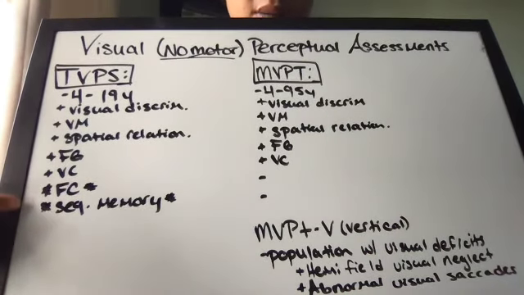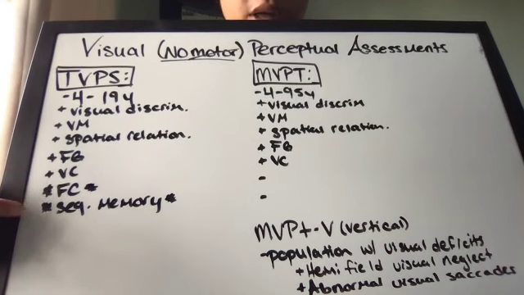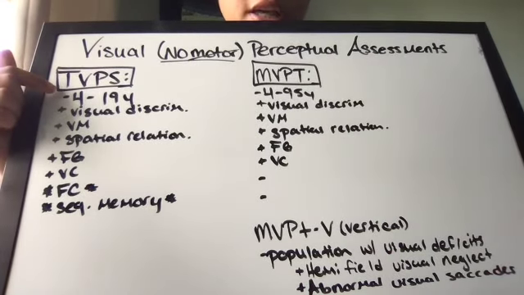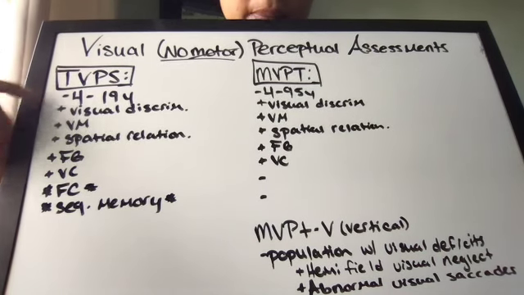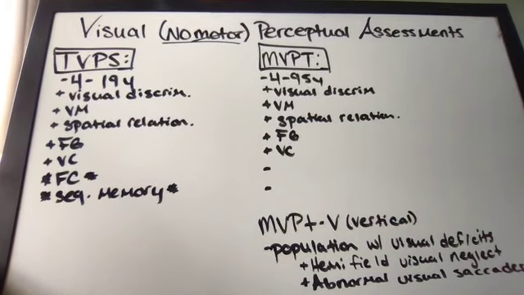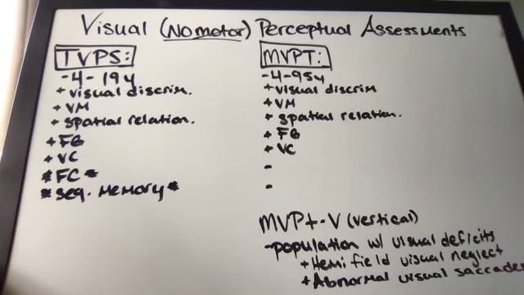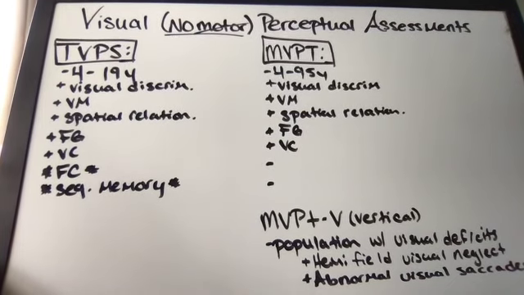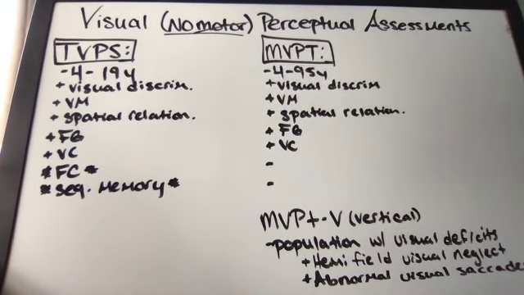All of the subtests here have nothing to do with motor coordination. It's all about visual perception. The age range is 4 to 19. And the subtests are visual discrimination, visual memory, spatial relations, figure ground, visual closure, form constancy, and sequential memory.